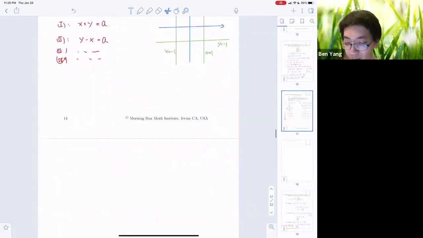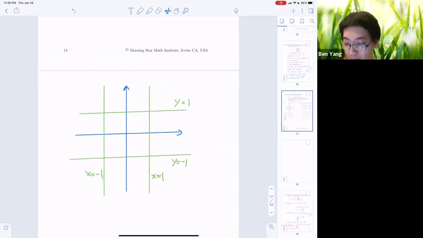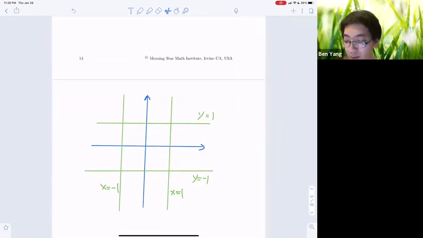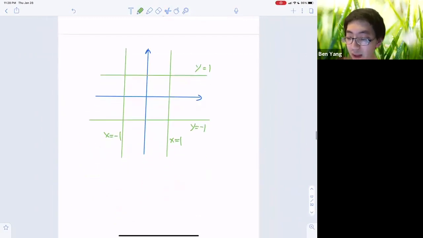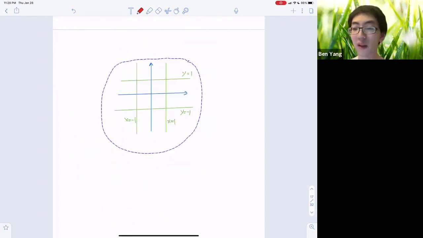Let's copy. All right, so now let's see how can we put A on top of this graph so that the 8 intersection points are the vertices of a regular octagon.